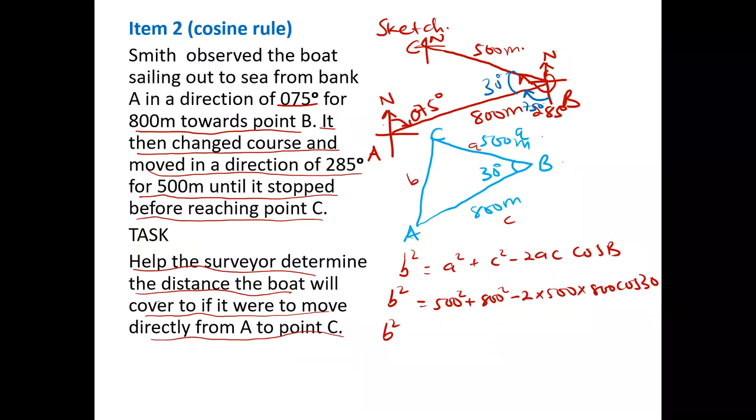Then here we shall have b squared is equal to, if I press this once in the calculator, the answer as 197179.677.